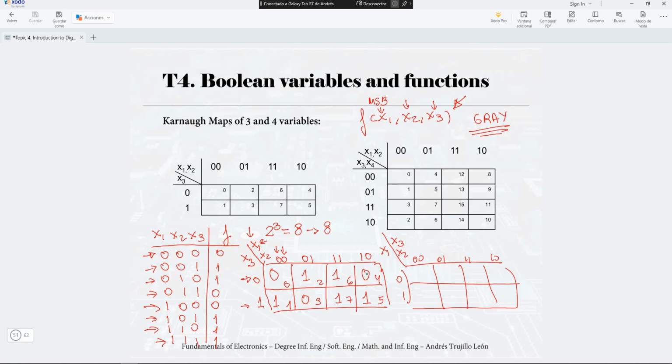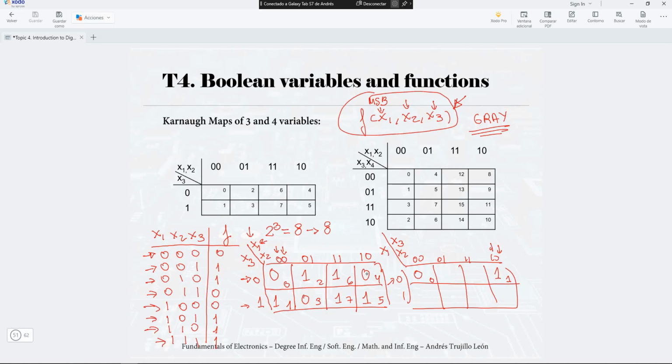The 0, 0, 0 cell is this, so I know that we have a 0 here. But what is the 0, 0, 1? x1 is 0, so it's here, x2 is 0, so it's here, and x3 is 1. So this is the 1, and you have to put here the value that corresponds to the 1. It's going to be more difficult to find the combination of the values of the input. So my advice, really important, respect this.